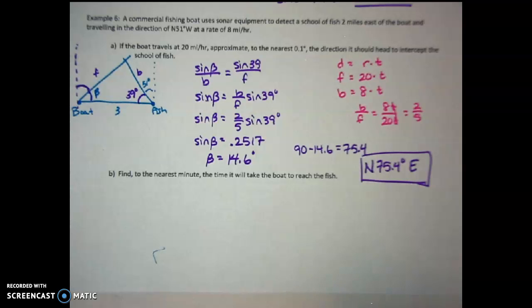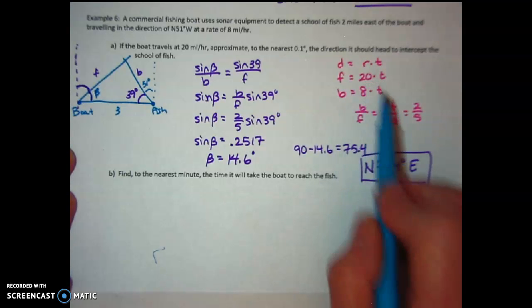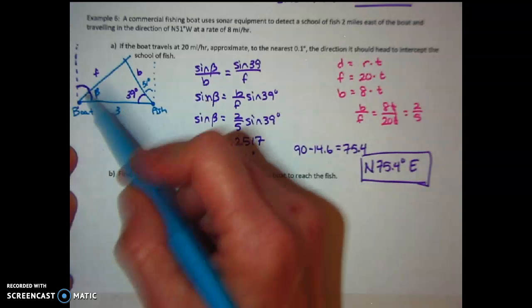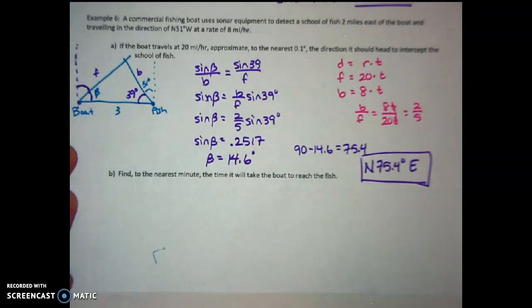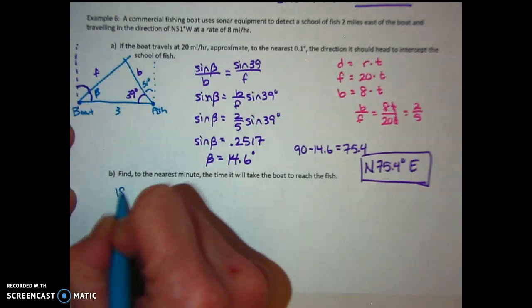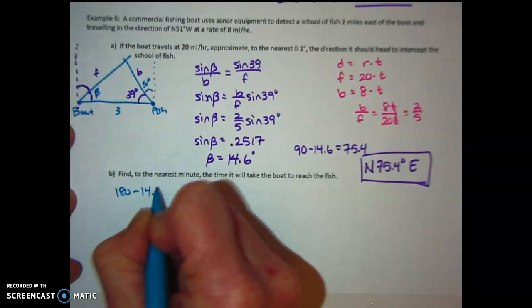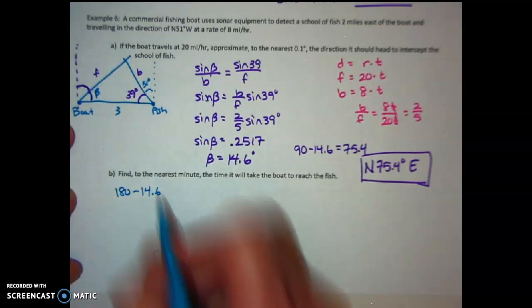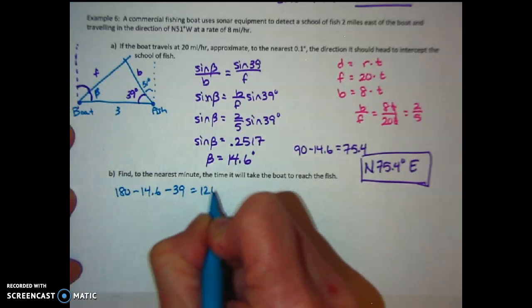And the last question, find to the nearest minute the time it will take the boat to reach the fish. Well, I know that the boat is traveling at a rate of 20 miles per hour. I just need to find out what that distance is, and then I can solve that for t. So 180 minus 14.6, that interior angle, minus the 39 equals 126.4.